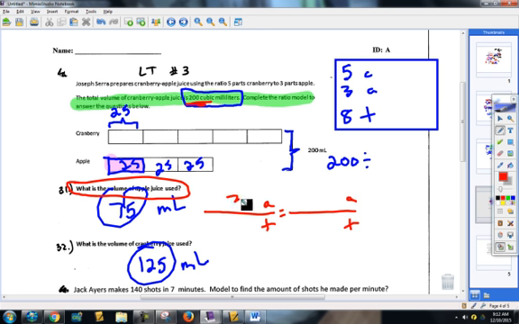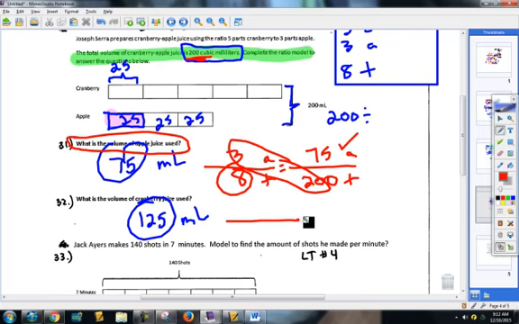My fake ratio would be 3 to 8, right? And then I put 200 there. Cross multiply and divide. I'm going to get 75. Checked. We're all good. I did it in 2 ways to ensure that I didn't get it wrong. I suggest you guys do this. You should be writing this on your paper now just so that you have it, because I want you guys to do it on the summative.